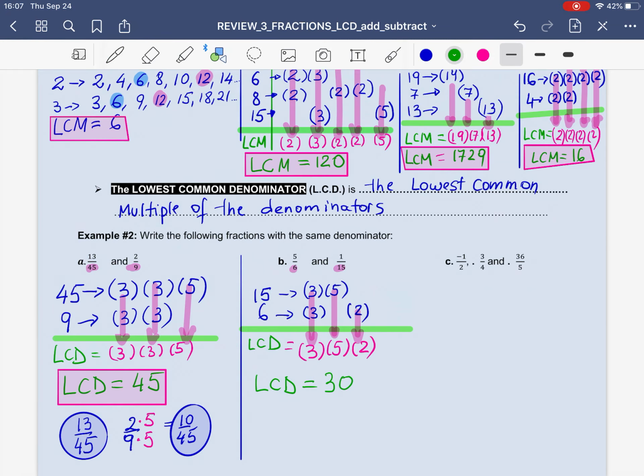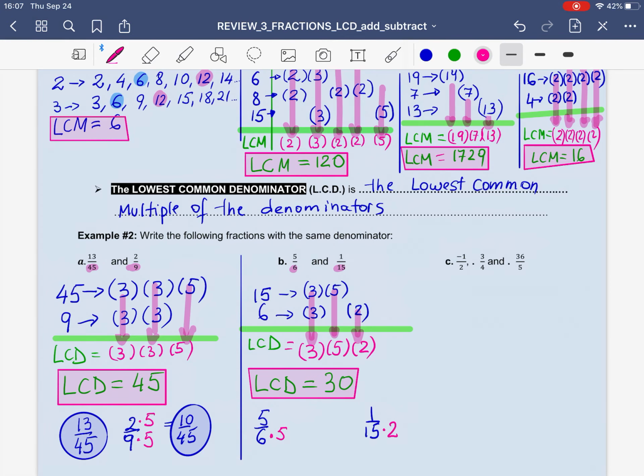Which means again that if we wanted to write these two numbers with same denominators, then we should be able to write the 5 over 6 and 1 over 15 as fractions with same denominator 30, which means again that this can be 30 by multiplying by 5, this can be 30 by multiplying by 2.